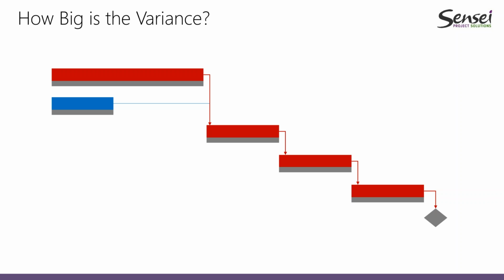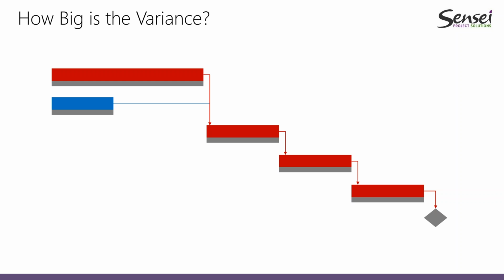This is a very important concept in order to define how we are going to put our KPIs together. We may have a task that has, for example, 10 days of variance. If I only have this information, is this good? Is this bad?